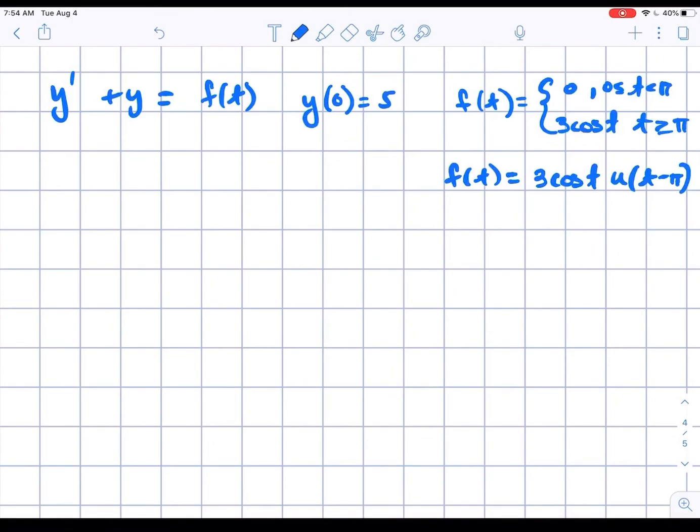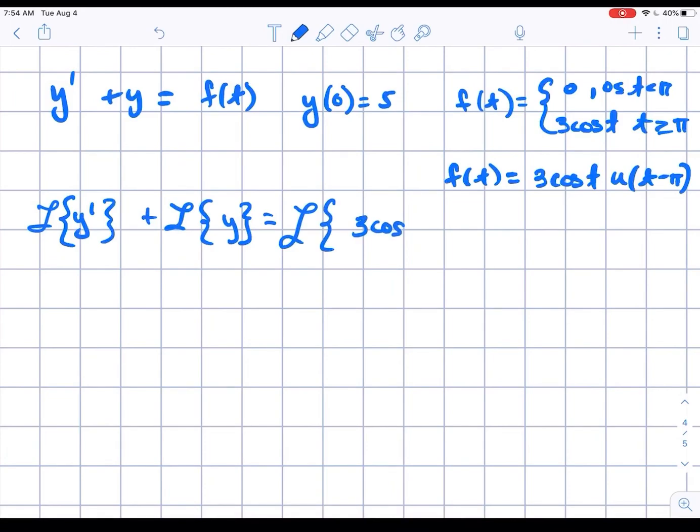And now when we do our transformation, I do the Laplace, everything else stays the same, plus the Laplace of y, and then I'm going to do the Laplace of this step, 3 cosine t.